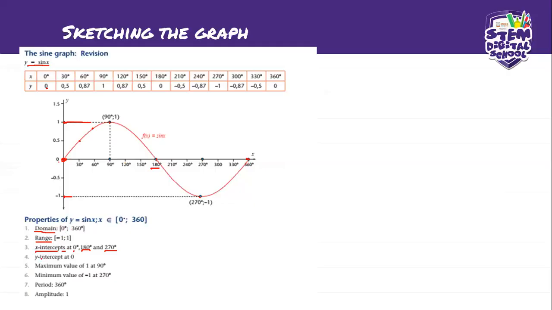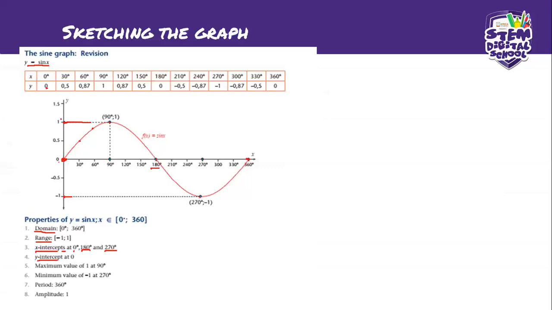Then let's proceed. We now have to determine the y-intercept. When you talk about the y-intercept, it's where the graph passes through or cuts the y-axis. In this case, you can see our graph cuts it here at 0.